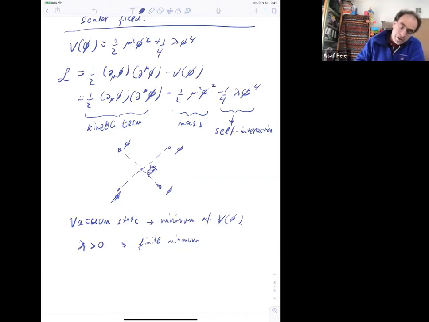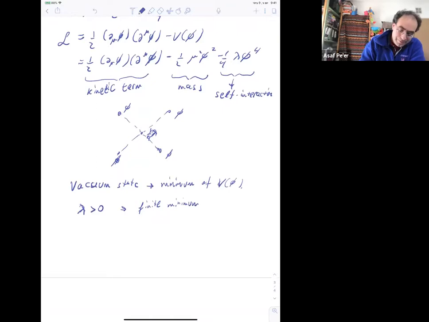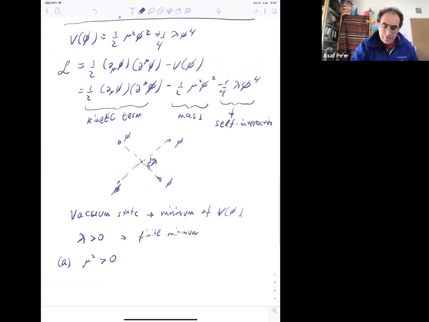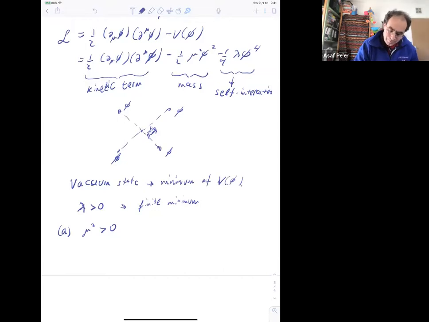Now we have two options really. Option number 1 is that mu squared is greater than 0. If mu squared is greater than 0, then this is positive, this is positive. So if I draw the potential, phi and V of phi, it would look something like that.